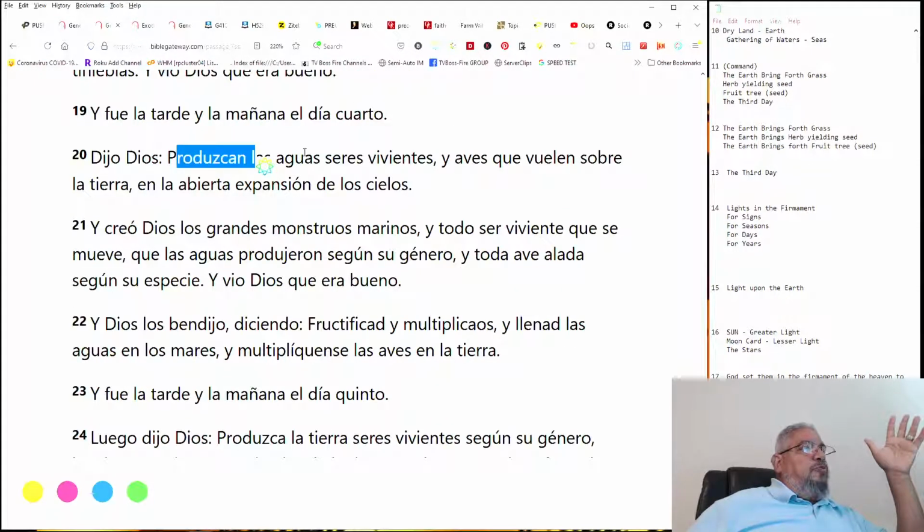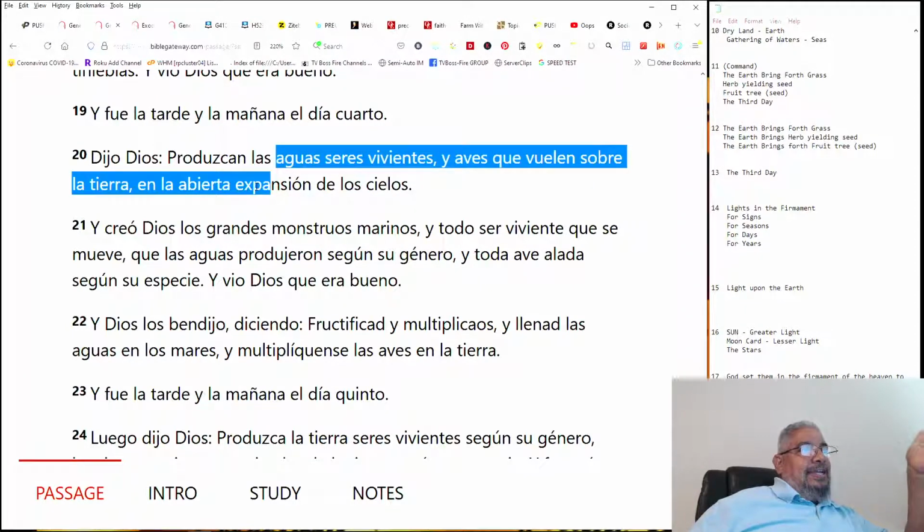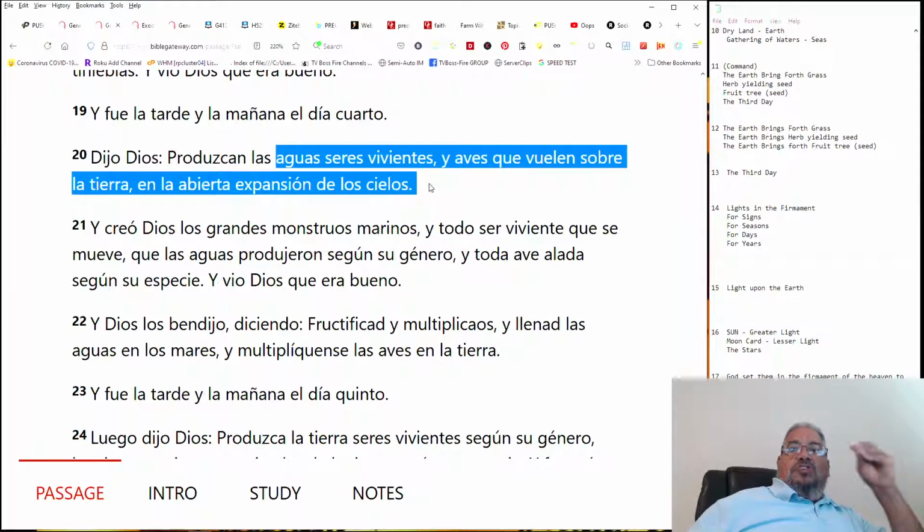Y dijo Dios, produzcan las aguas seres vivientes. ¿Ok? Lo dijo Dios. Seres vivientes que produzcan las aguas. Y aves que vuelan sobre la tierra en la abierta expansión de los cielos. ¿Está bien? Dios ya ordenó que produzcan las aguas la vida. Criaturas vivientes, seres vivientes.